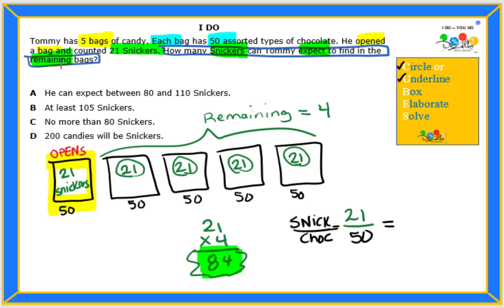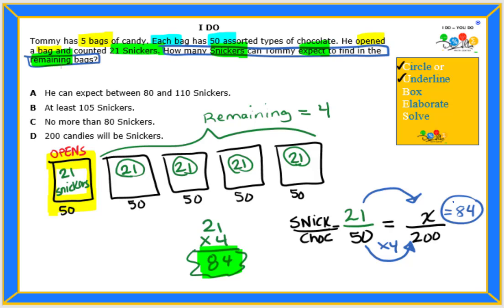But in the remaining bags, since each bag has 50, we now have 200 chocolates. And we want to know how many of those chocolates would be Snickers. And so we can see that we have a factor of 4, or we're multiplying by 4. 50 times 4 is 200. So 21 times 4 is what we did here, and we got 84. You see how that works as a proportion?